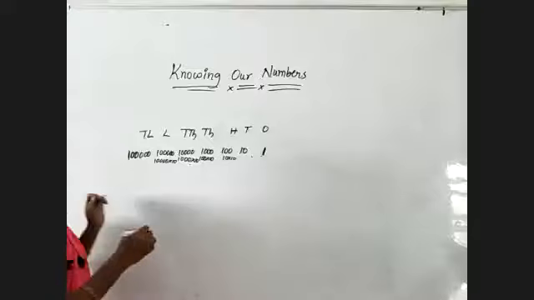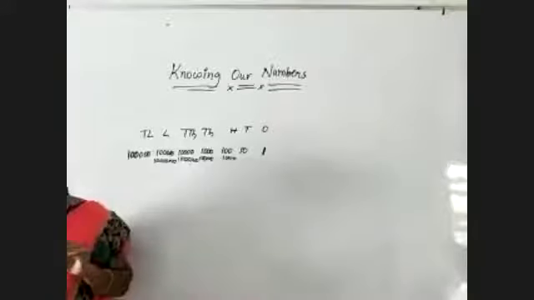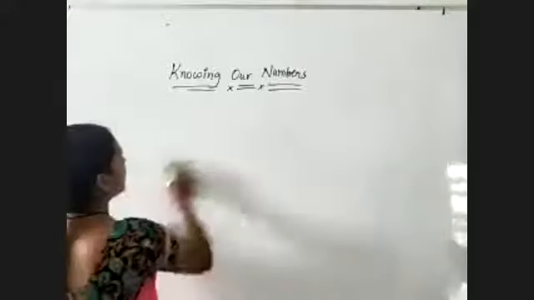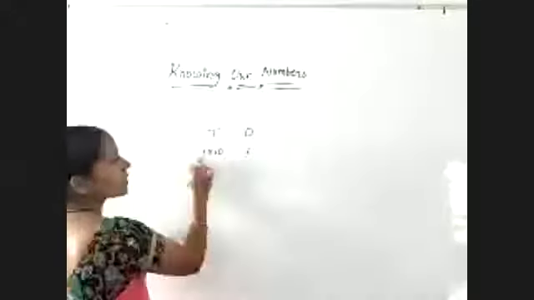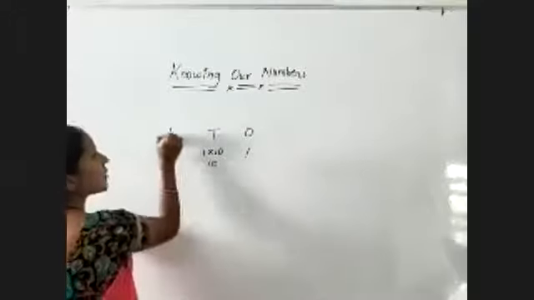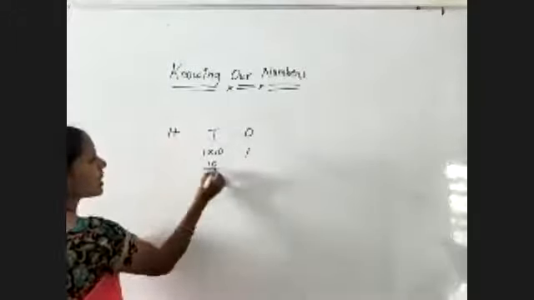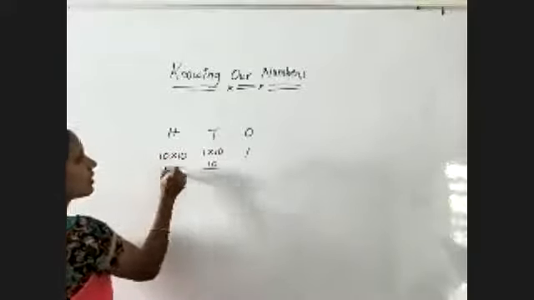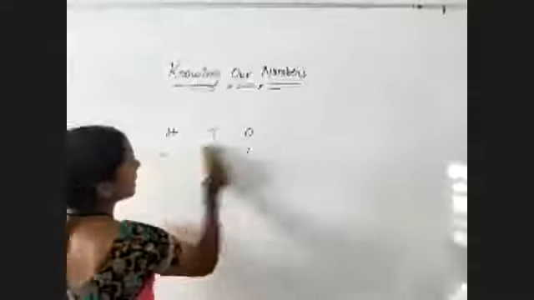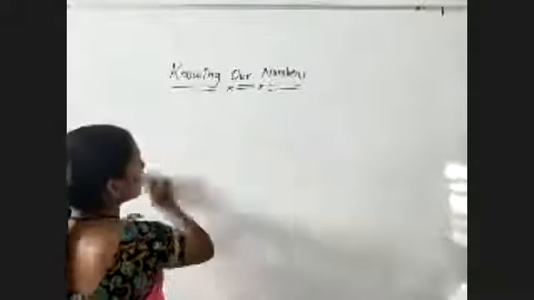When I am moving from right to left side, I need to multiply with 10. So to get the 100 place, the 10th place is multiplied again with 10. So 10 times 10 is 100. Like that, each time it increases by 10 times when we are moving from right to left.